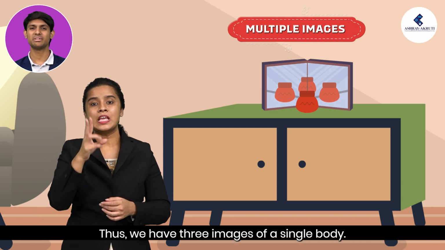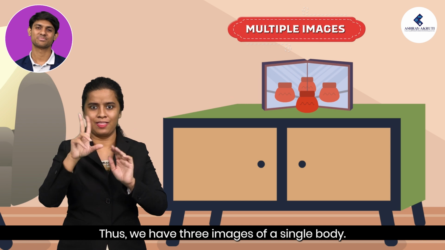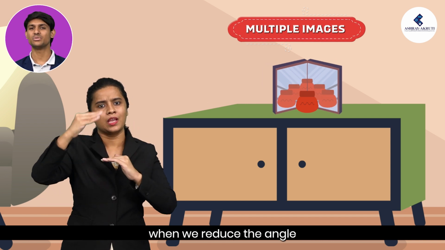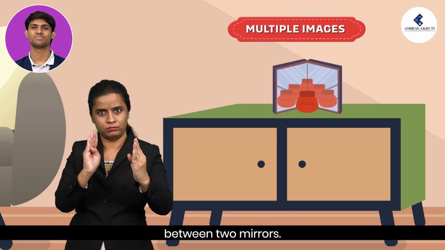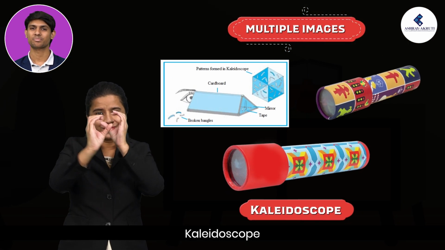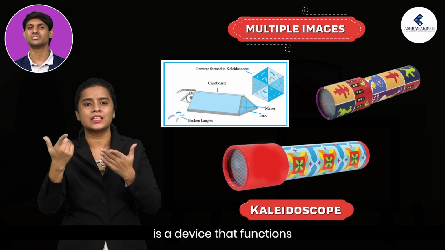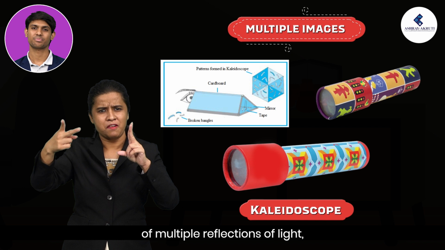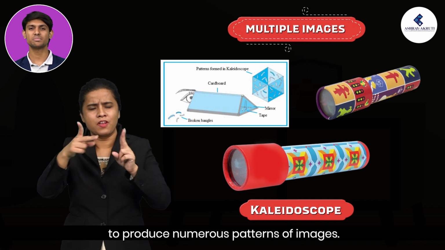Thus, we have 3 images of a single object. The number of images increases when we reduce the angle between 2 mirrors. Kaleidoscope is a device that functions on the principle of multiple reflections of light to produce numerous patterns of images.